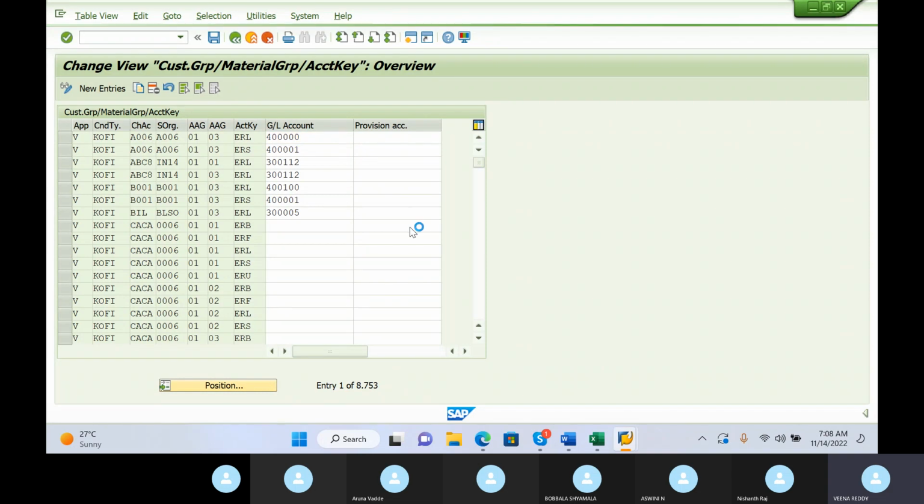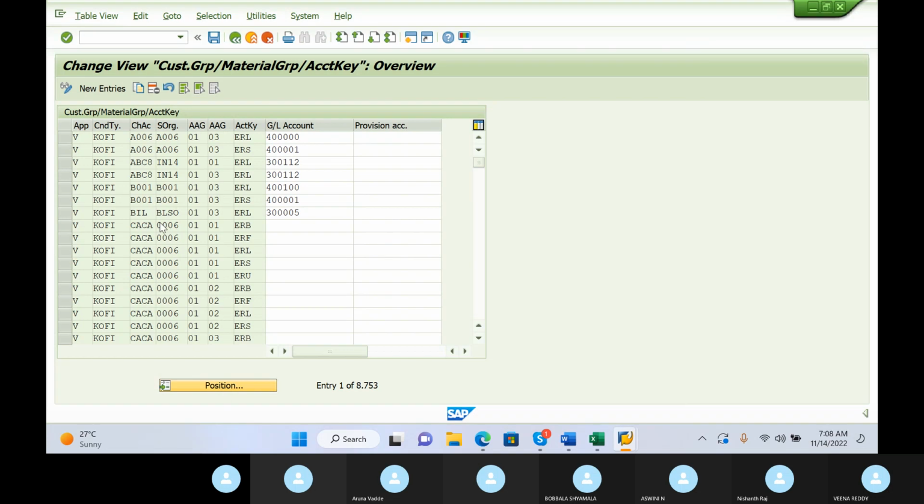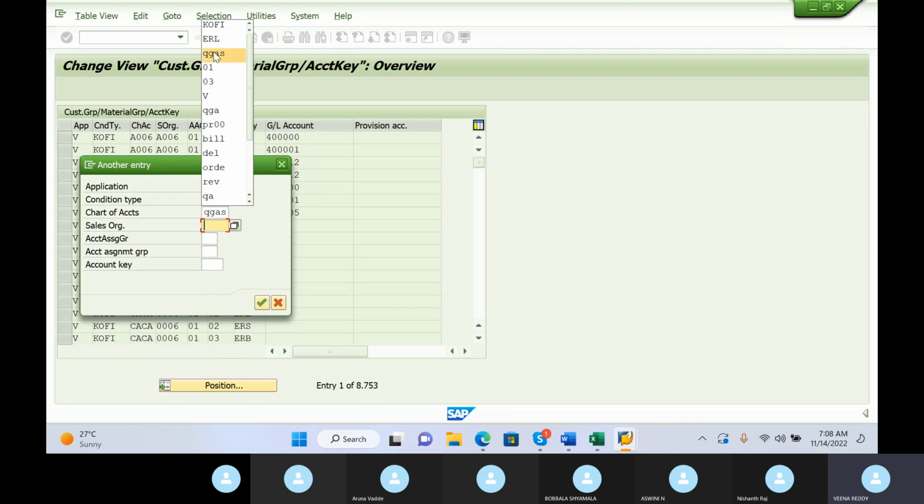I'll give some inputs. Application V, condition type, chart of accounts QGAS, and sales organization also QGAS. Account assignment 1 and account assignment 3, sorry, 3.